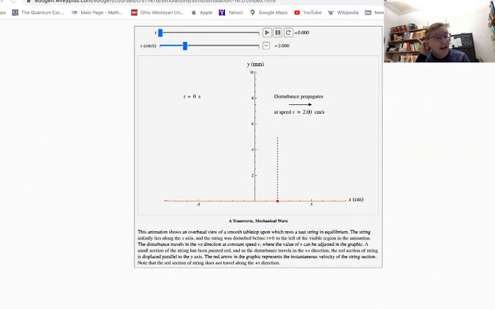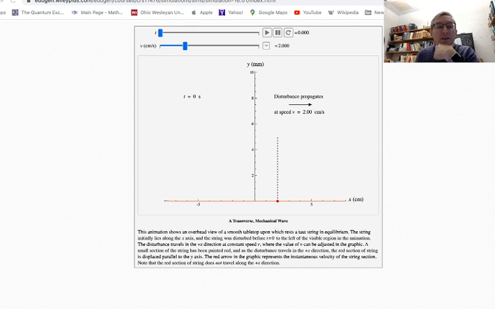Okay, so here we have a picture that we're going to run an animation of in just a second. What you're supposed to visualize: you can see there's an x-axis with numbers in centimeters, and then a y-axis with numbers in millimeters. Yes, different scales. And if you look carefully, there's an orange line along the x-axis.